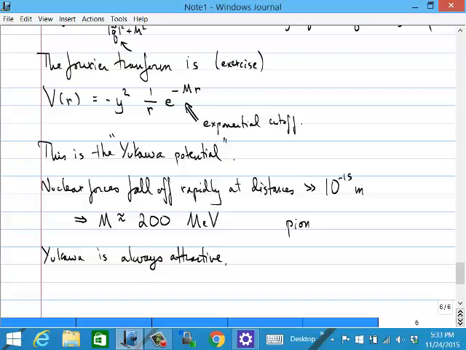But if you go through the calculation in Yukawa theory, what you find is that no matter what sort of charges you give things, they always like to attract. Now, can anyone think of any other theory which has that property? Gravity, yes.